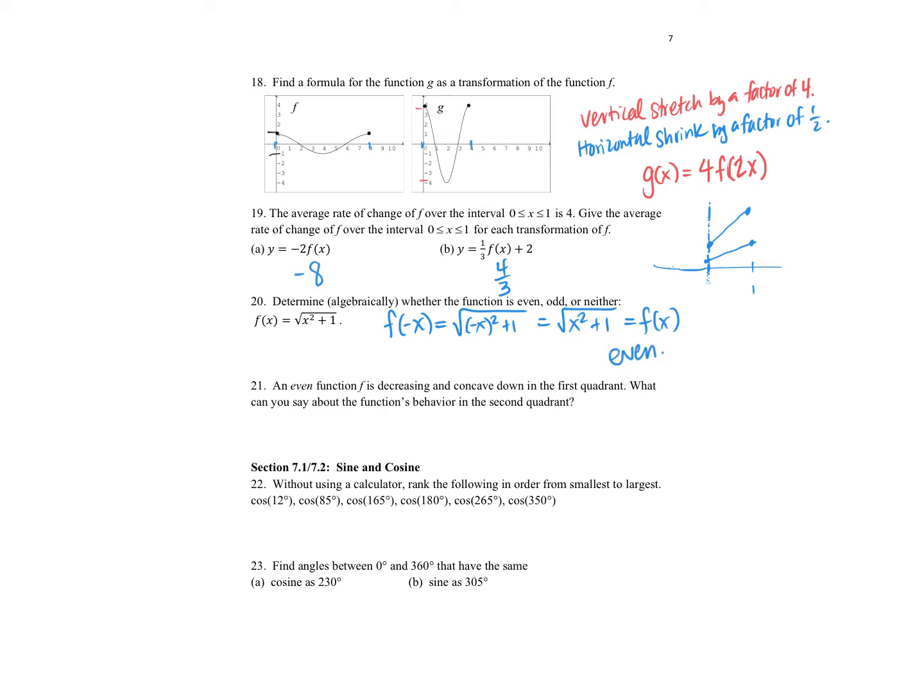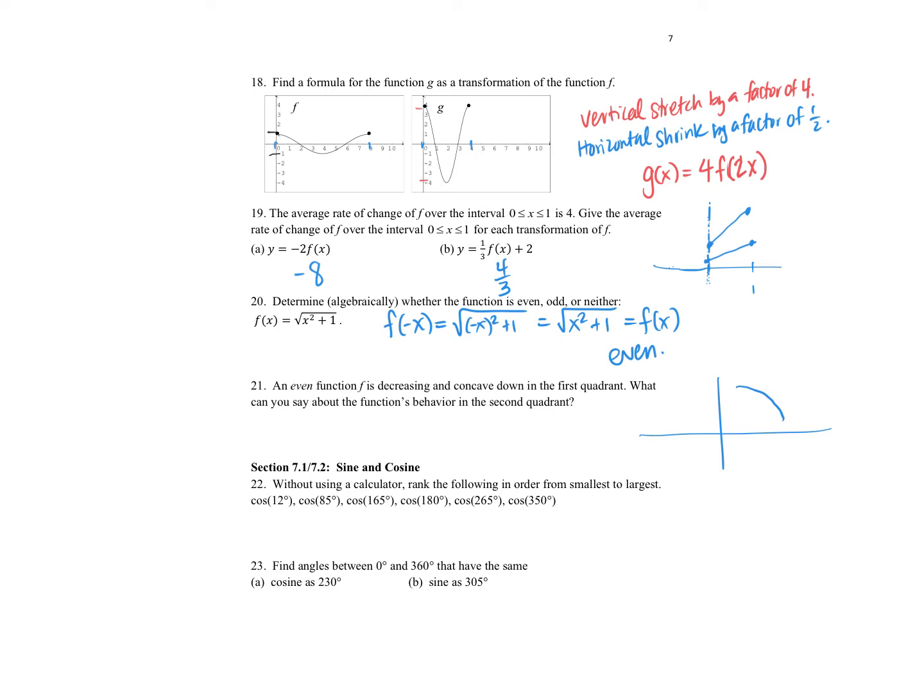An even function f is decreasing and concave down in the first quadrant. What can you say about that function's behavior in the second quadrant? So if I think about this function, it's even. It's decreasing and concave down, so something like this maybe in the first quadrant.